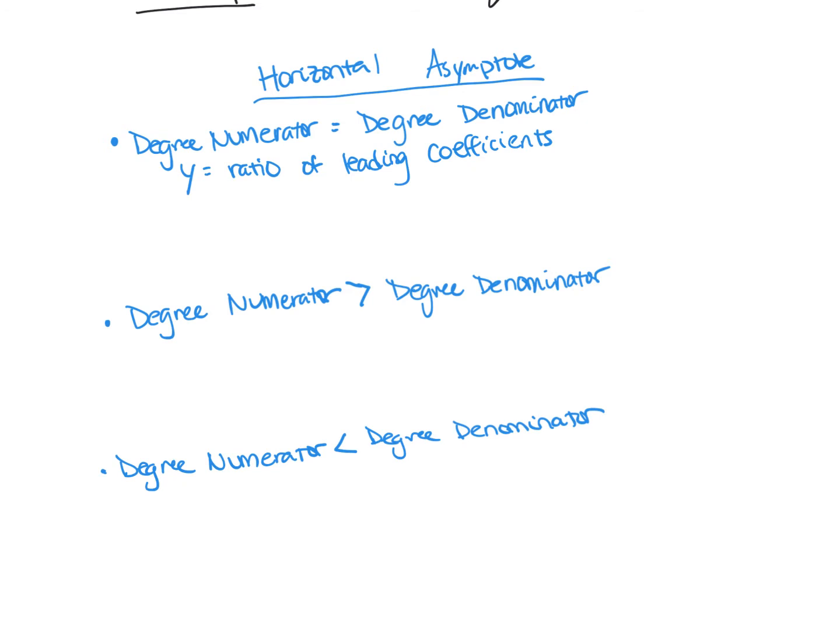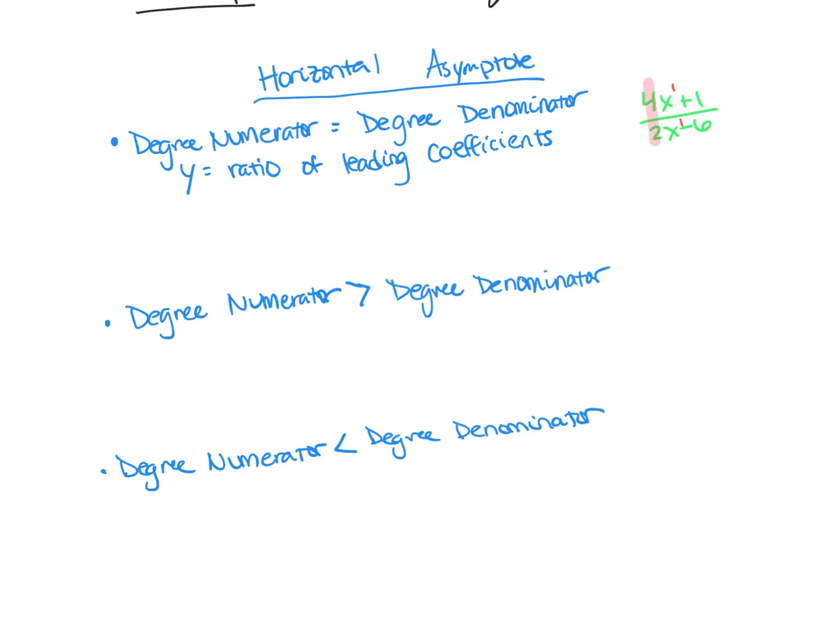Now, what does that mean? Well, if you have a function like 4x plus 1 over 2x minus 6, this is a polynomial rational function. It's a fraction. There's an x on top, x on bottom. Now, if we take a look at the degree here, the numerator has a degree 1, and the denominator has a degree 1. So the degree of the numerator and the degree of the denominator are the same. So we're going to look at the numbers out in front.